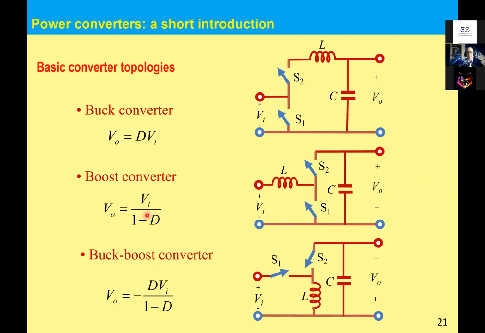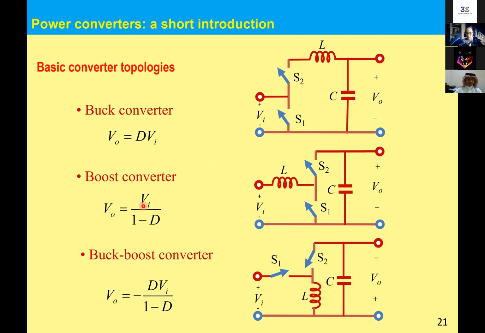These are some basic converter topologies widely used in the literature. We have the buck converter, the step down converter, which converts an input voltage to a lower output voltage. We have the boost converter, and according to this formula, we can see that it steps up the voltage.